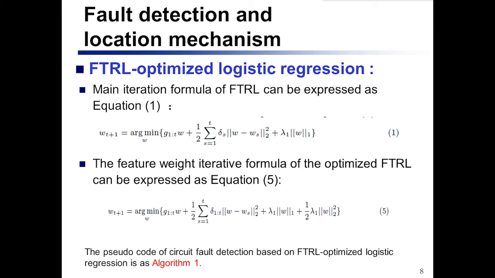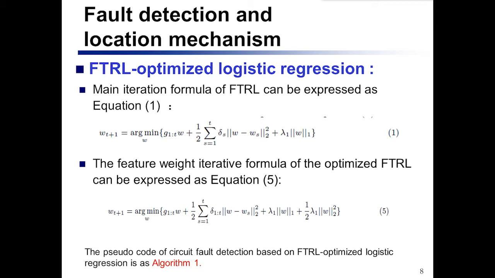FTRL online learning algorithm integrates the advantage of Phobos algorithm and RDA algorithm, which can better guarantee the accuracy of module parameters and the sparsity of feature items in the training progress.